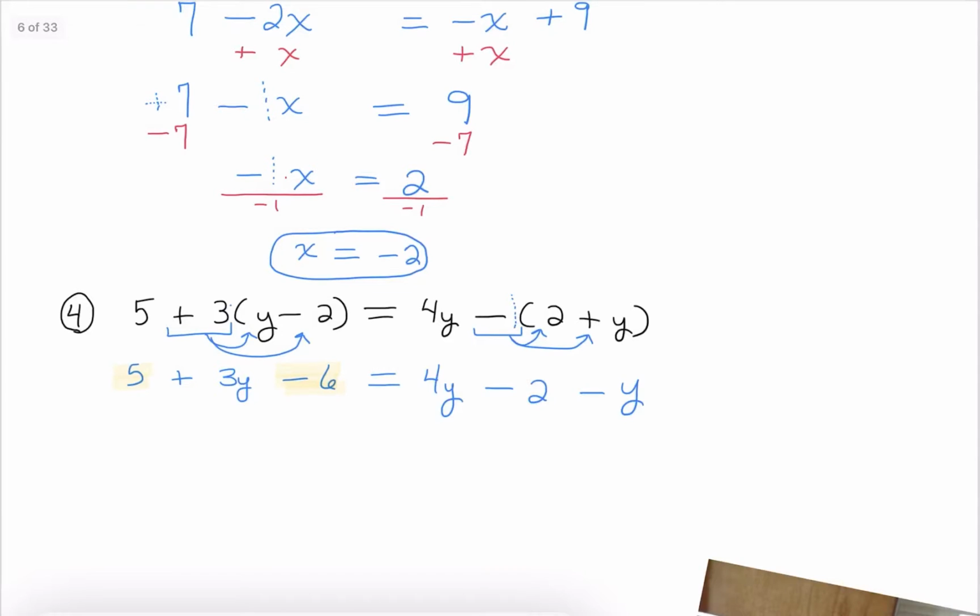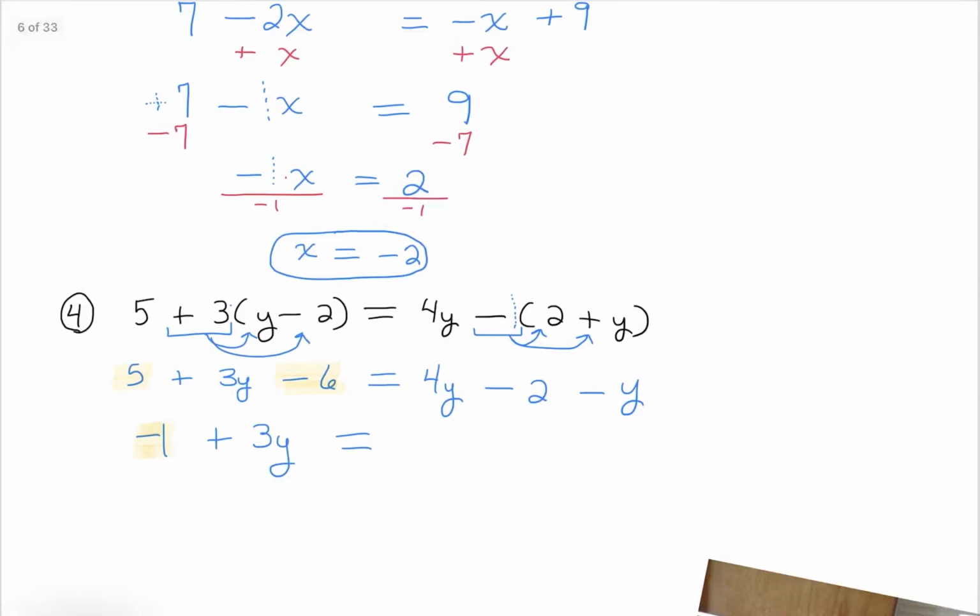So a 5 and a minus 6 together combine and give us a negative 1, just treating that like a little 2.1 problem. So on the left-hand side, we have our negative 1 plus 3y.